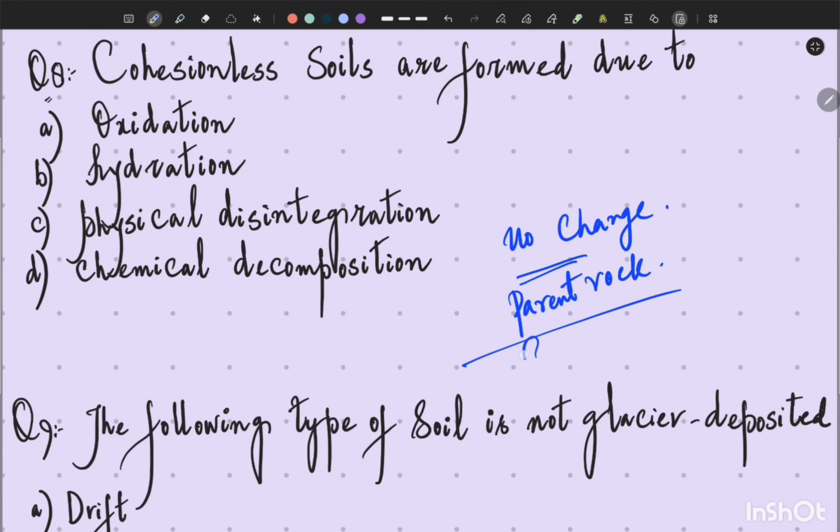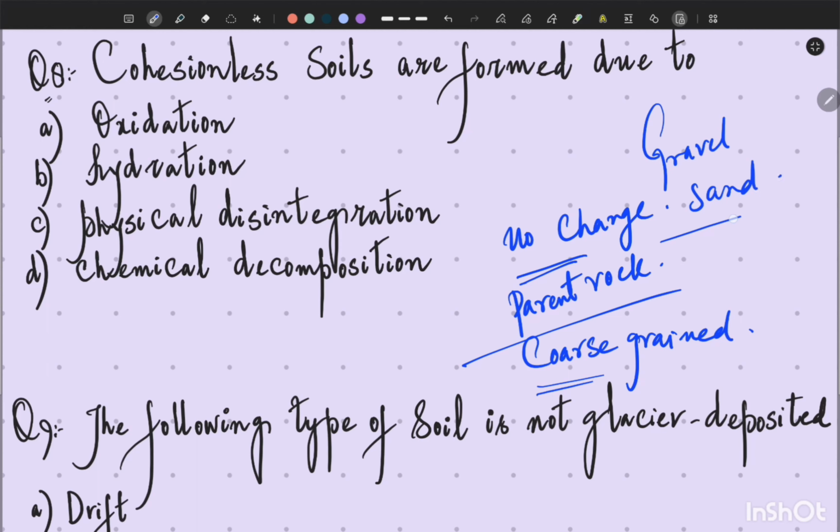And we know that coarse grained soils such as gravel and sand get formed by the processes of physical disintegration, which can be temperature changes, wedging action of ice, spreading of roots of plants, or abrasion. During all these processes, different minerals of a rock get disintegrated. There is mechanical weathering of rocks, and the soils get formed.